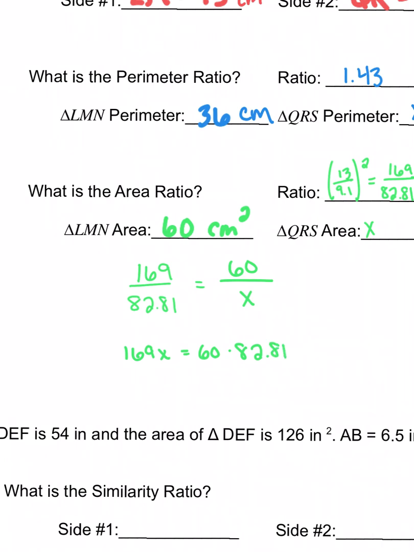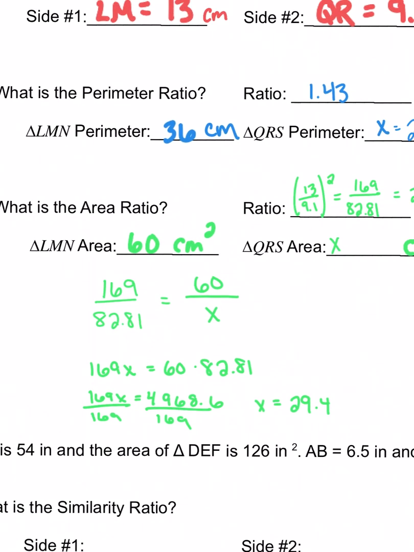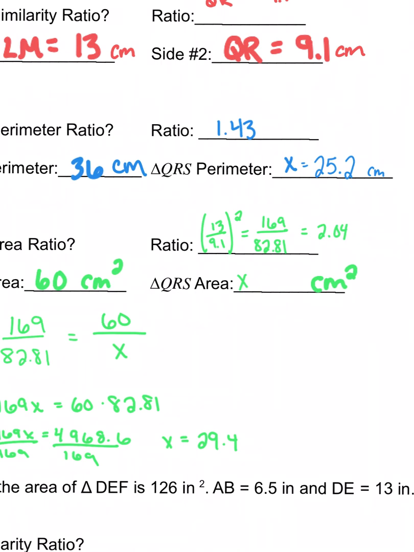And then go ahead and multiply those. That will give me 4968.6. We're going to go ahead and solve by dividing by 169. X is going to be 29.4. So let's go ahead and fill that in as my area.